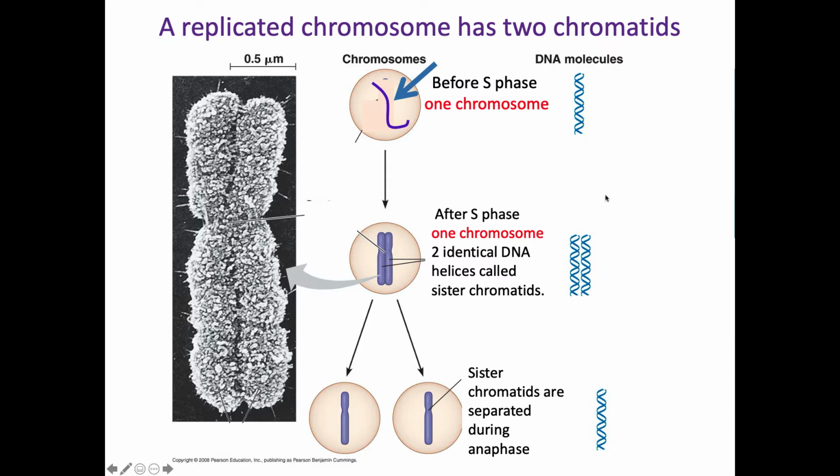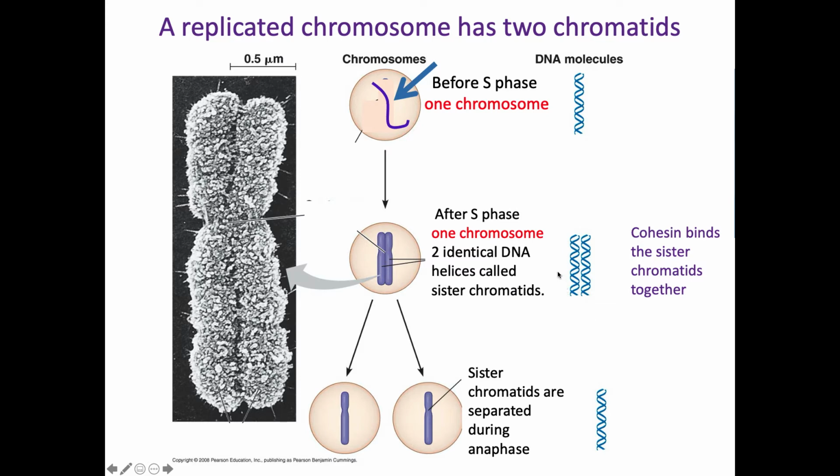Alright, so we start off in G1 prior to S phase as single DNA molecules. Each chromosome consists of one molecule of DNA. S phase includes DNA replication, so each chromosome at the end of S phase consists of two identical molecules of DNA, two identical double helices of DNA. These two sister chromatids are held together by special proteins known as cohesins.